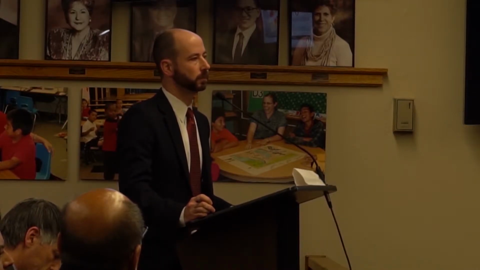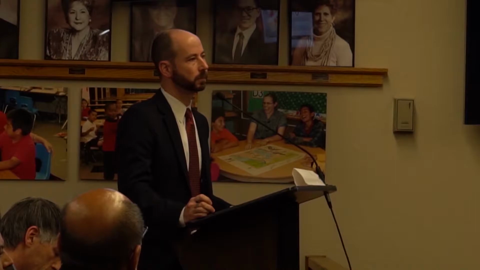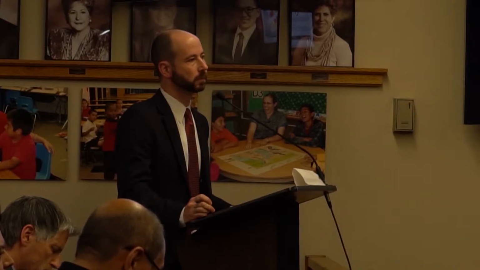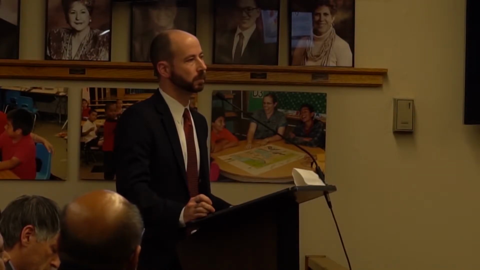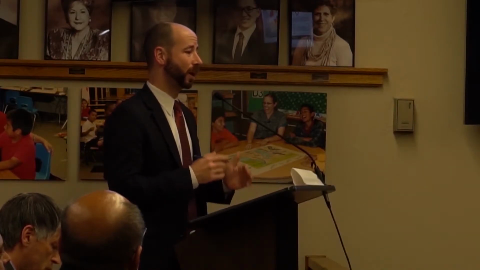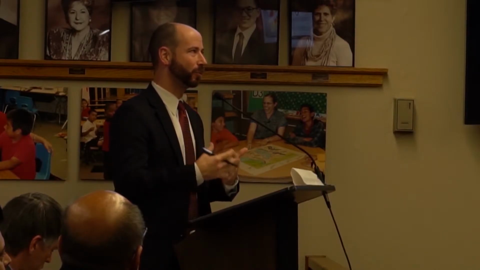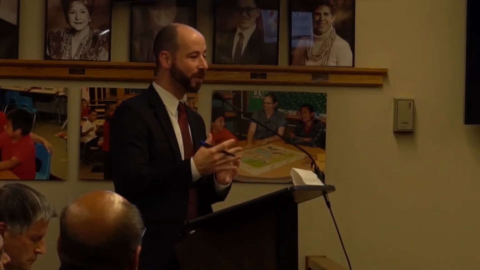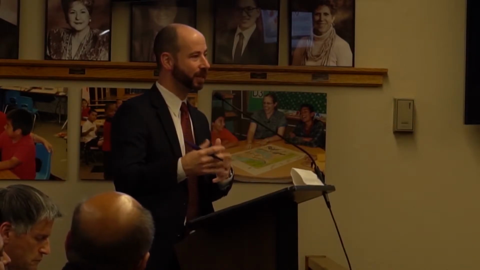Sure. So are you saying that when you draw this, it has to be under the Federal Voting Rights Act as opposed to the California Voting Rights Act? Again, the California Voting Rights Act speaks only to at-large elections and the ability of those to prevent members of protected classes from being able to influence the outcome of an election. The remedy under the California Voting Rights Act is a conversion to a by-area method of election.